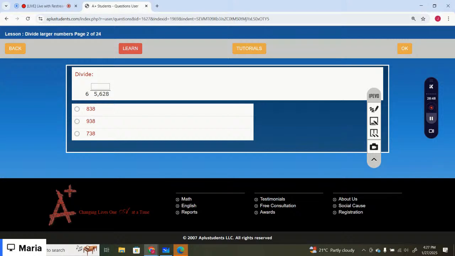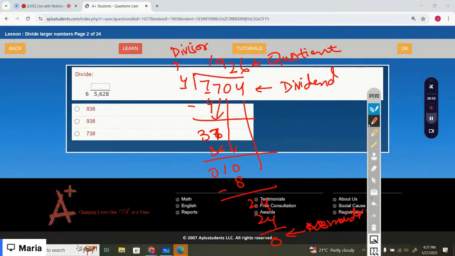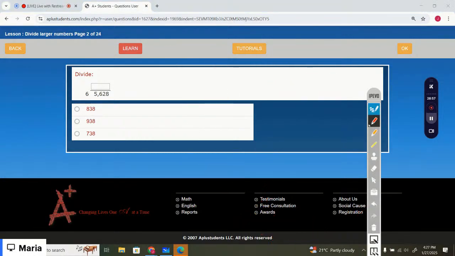5628 divided by 6. So you have to count the table of 6 until 56.